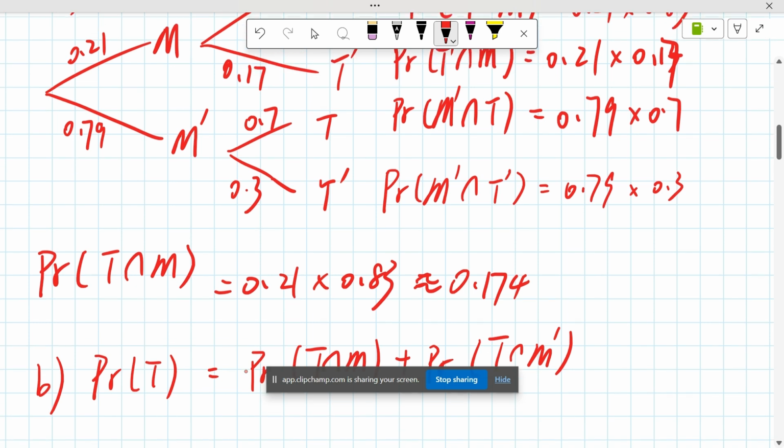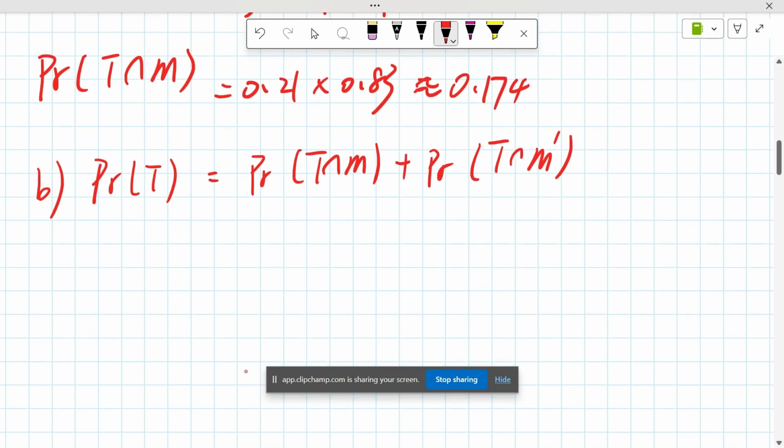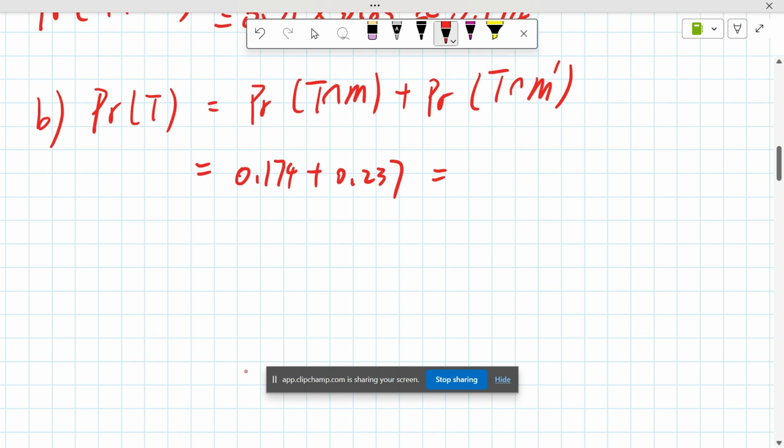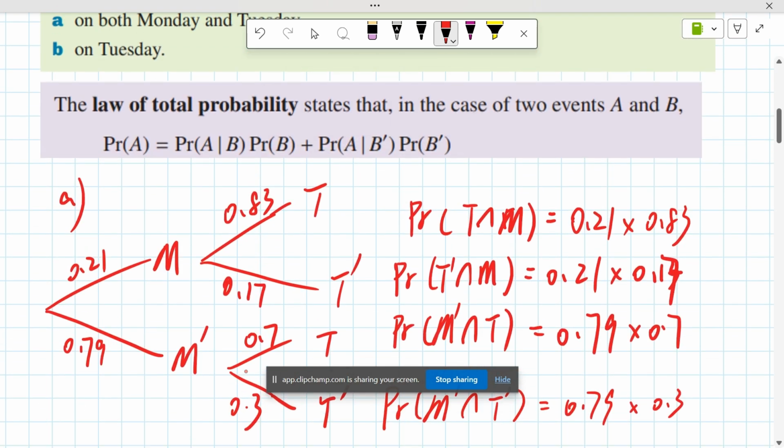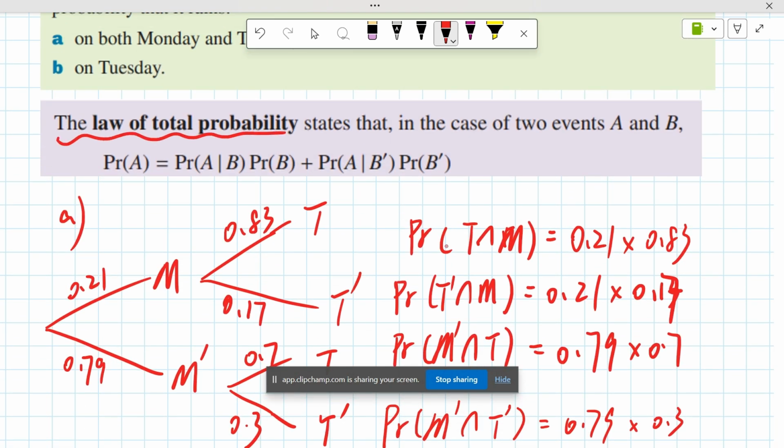So that equals 0.174 plus 0.237, which equals 0.411. So that's 41% chance of raining on Tuesday. I want you to copy this one down, the law of total probability.